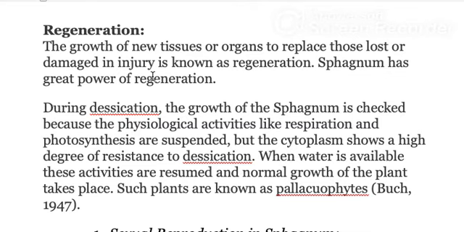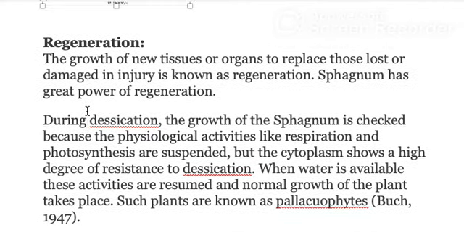The plant will grow and regenerate back into the original plant. So that is the advantage of sphagnum, that it can regenerate back even though parts of the plant body are lost.